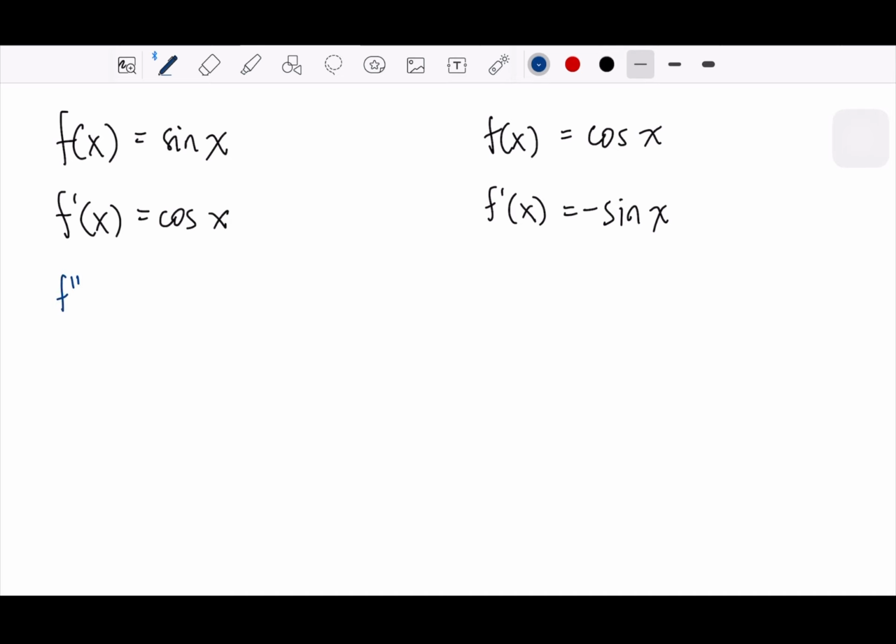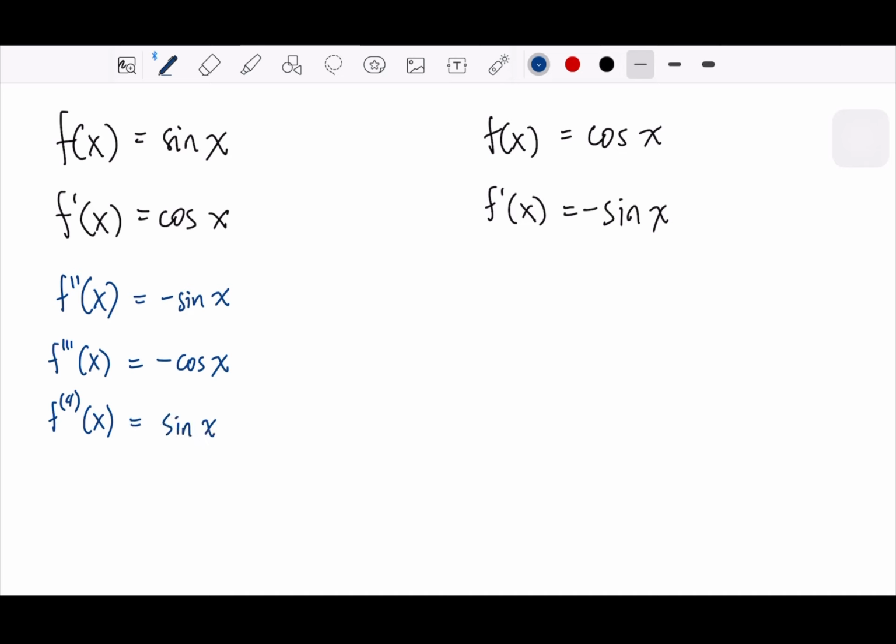If we take the second derivative, it will be negative sine x. If we take the third one, it will be negative cosine x. If we take 4 times, it will be sine.